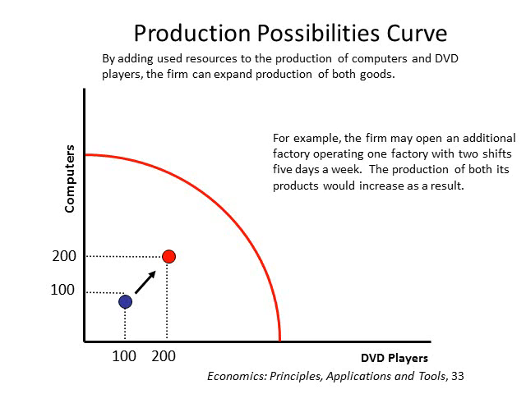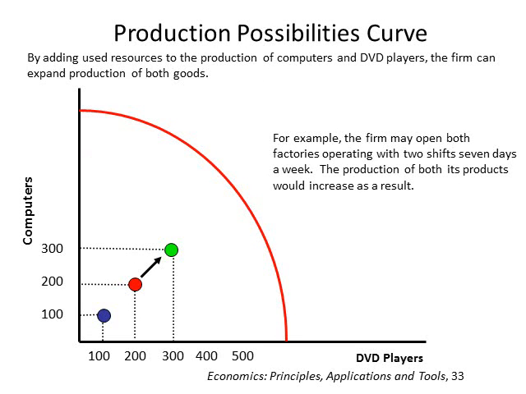If the firm added additional resources to the production of computers and DVD players, the firm could expand its production even more. For example, the firm may open up an additional factory and operate 2 shifts 5 days a week. Once again, because we're using more resources, factories and shifts, we're producing more computers and more DVD players.